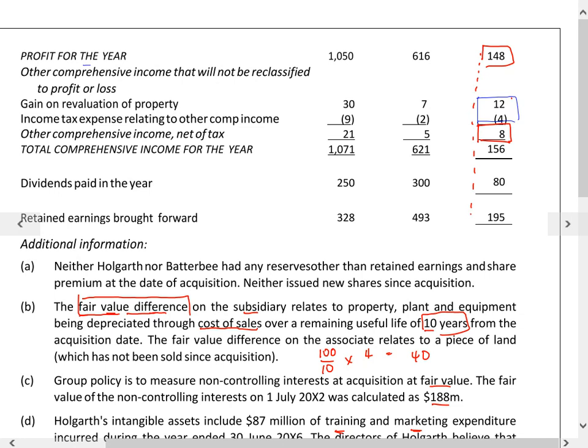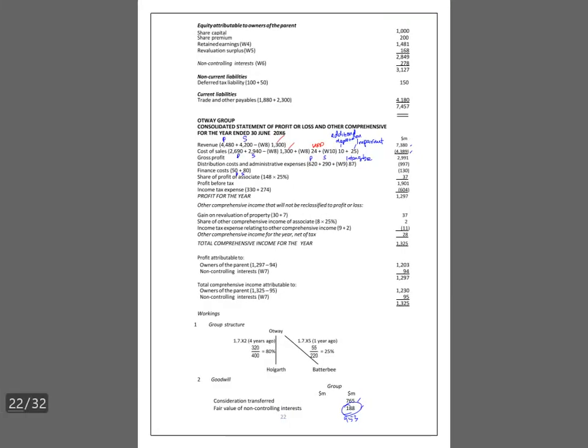Normally what we do, we take parent plus subsidiary. But this one here, I have a 25% share. So what you do is 30 plus 7, 9 plus 2, and I'm going to share 25% of my associate. Clear? Just like this one.